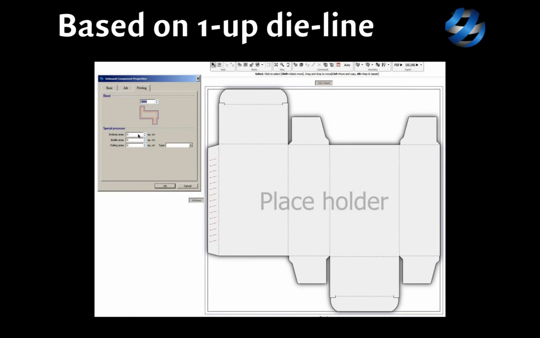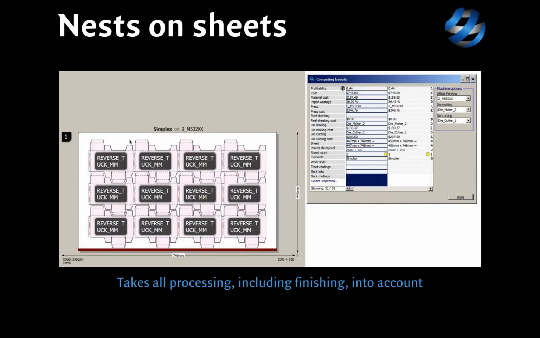If you import that into IMP, then it will show you what the die line looks like, and it will also show you all of the job information about special processes. It allows you, for example, to specify what area of that package in this case would be embossed, or would have braille, or would have foil applied, and what type of foil.